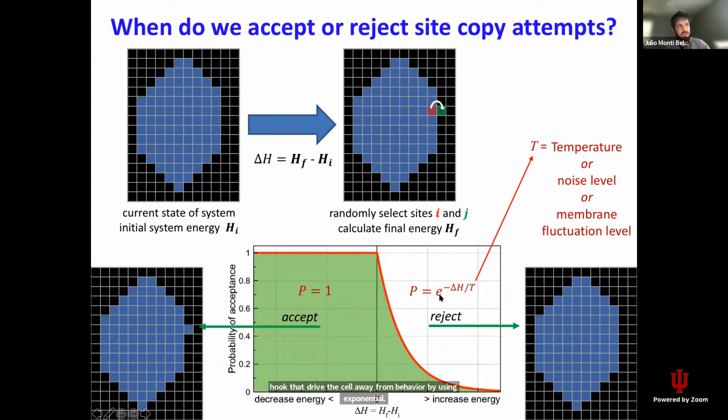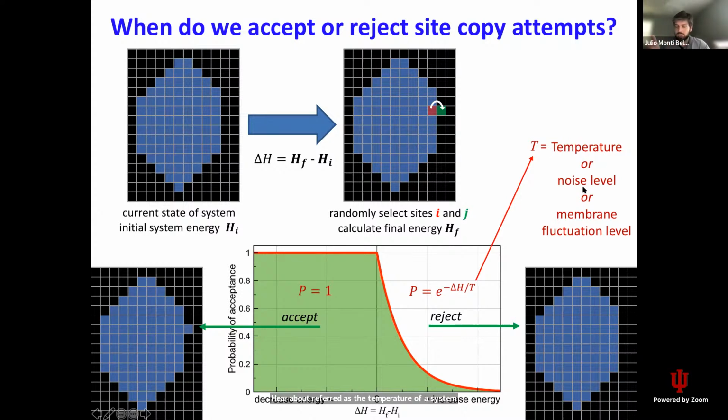So it goes like exponential of minus the energy divided by some parameter T, which you may have heard referred to as the temperature of a system.